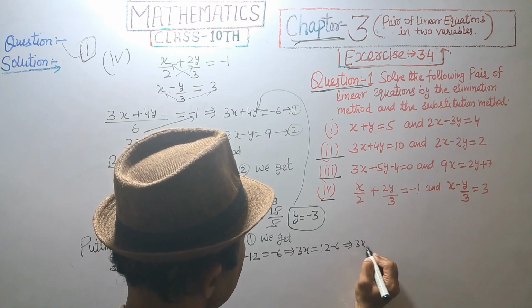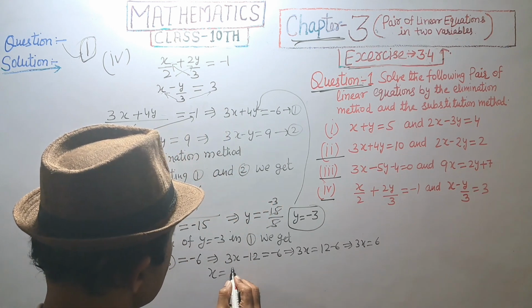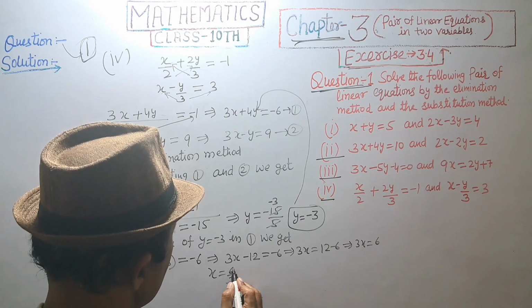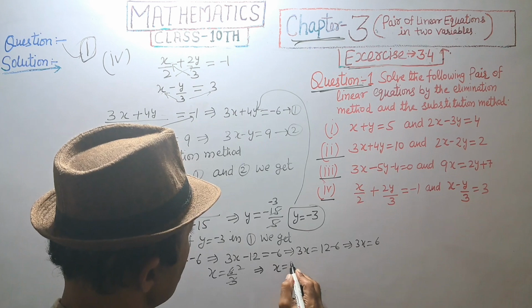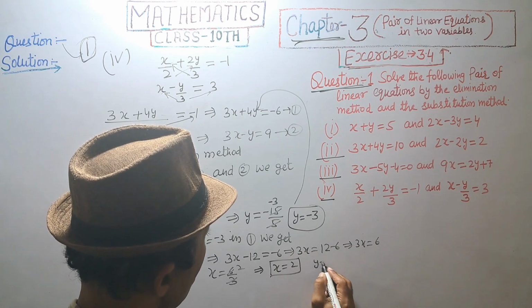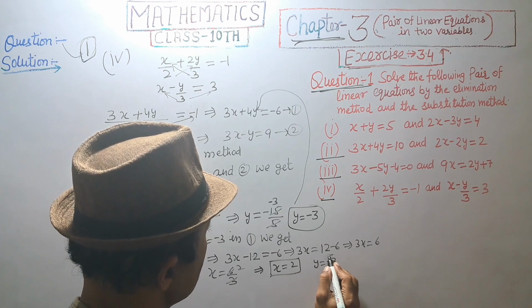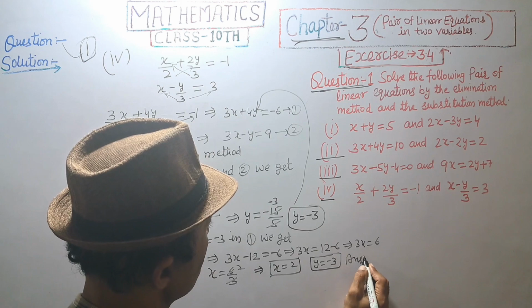This implies 3x is equal to 6 and x is equal to 6 upon 3, that is 2. X is equal to 2 and y is equal to minus 3. Answer.